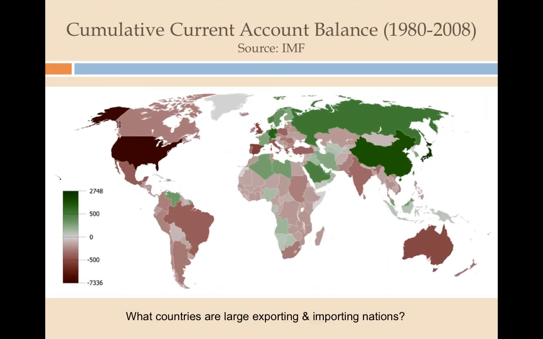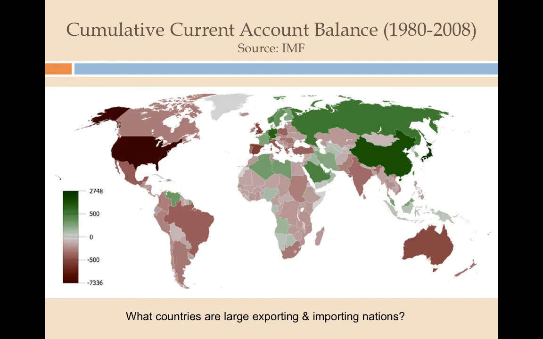Okay, let's take a look at this in real life. The IMF, the International Monetary Fund, produces data and statistics on the current account balance worldwide. The green color you see is countries with a current account surplus.